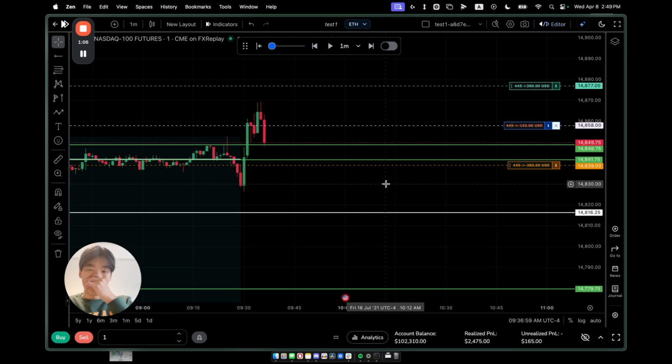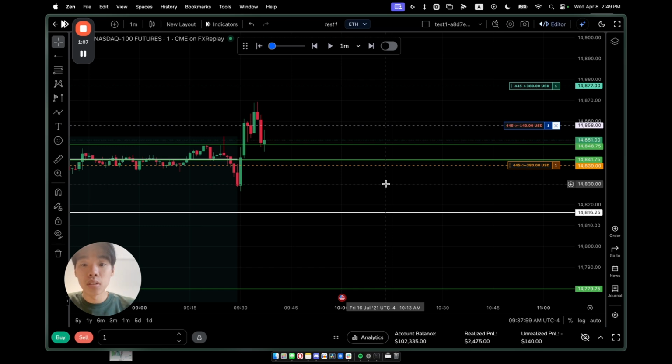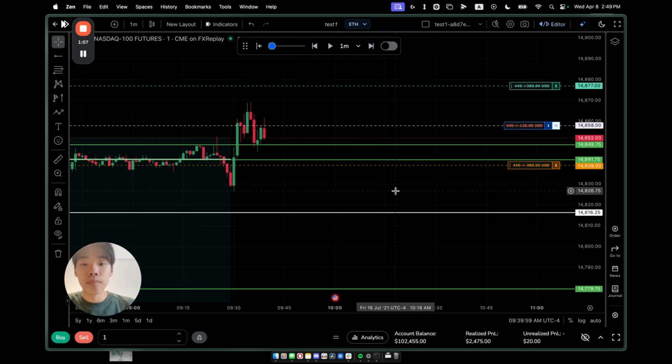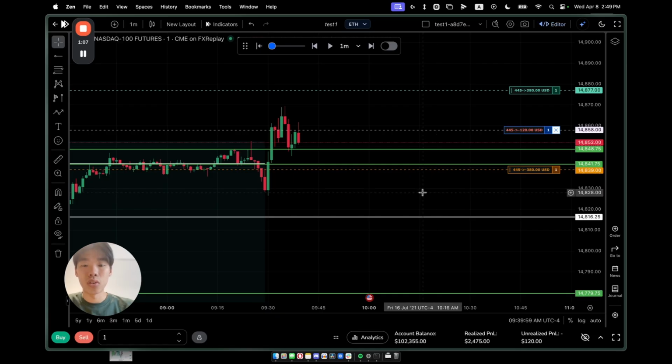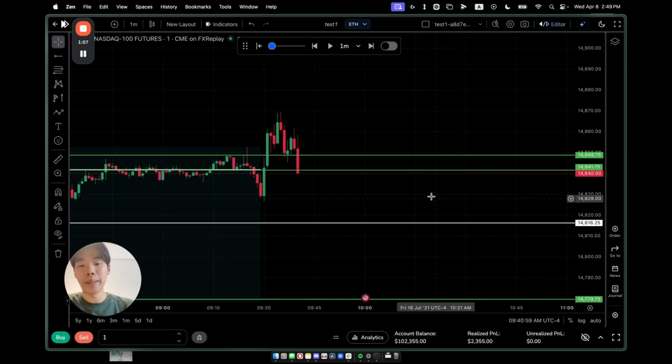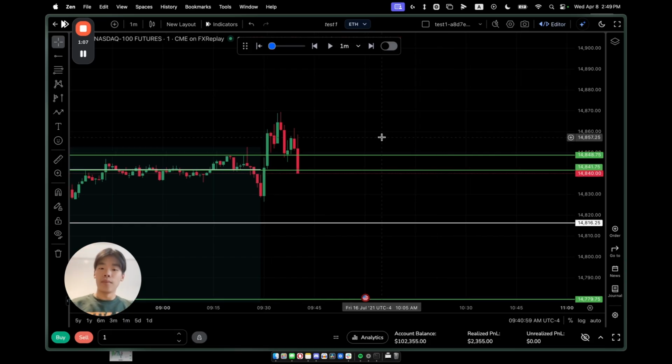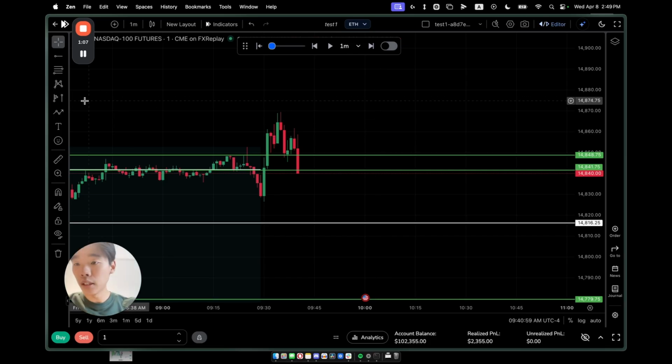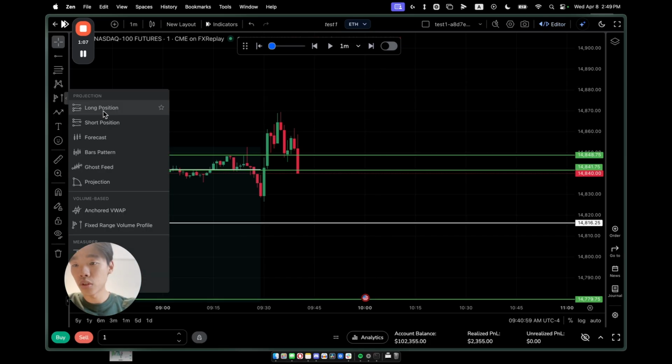Ooh, don't like that. I do not like that. Now it's chopping. Would I take it off here? I think so. I think I would have taken this off here, 100% of the position. Yeah, and it stops me out. Thank God I took it off there. But if I did a smaller TP, would it work? That is the question.